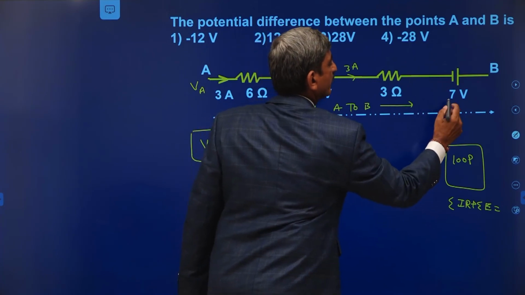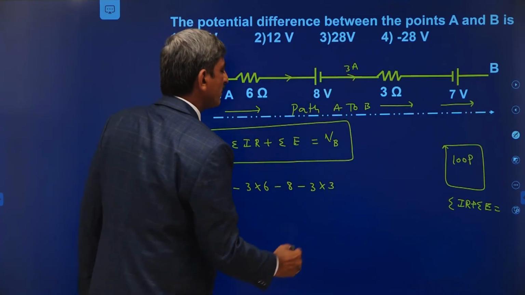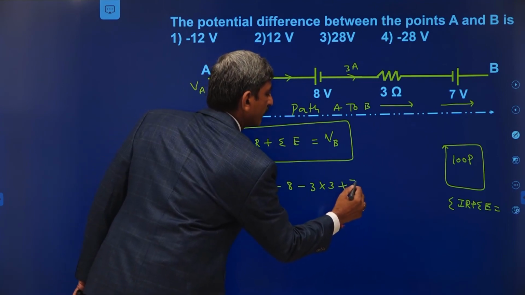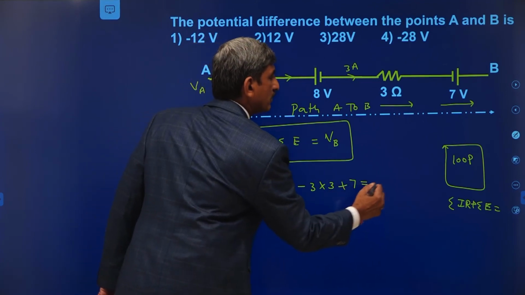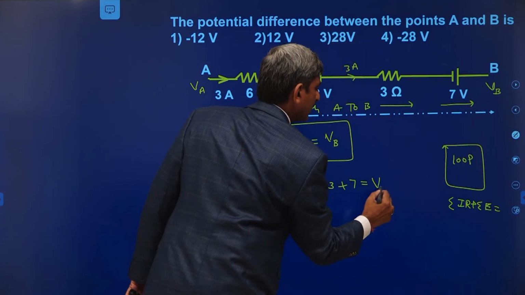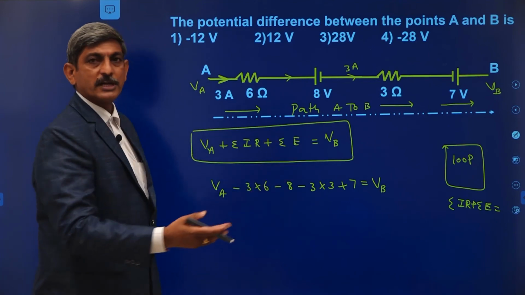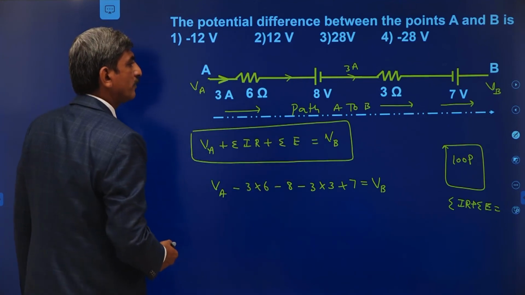Whereas here we are moving from the negative terminal to the positive terminal of the cell, so the EMF is positive, +7. This must be equal to the potential at point B, let it be VB. By doing so, we can determine the potential difference between the 2 points.